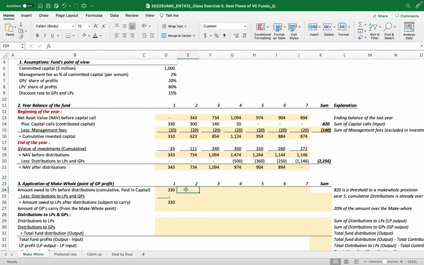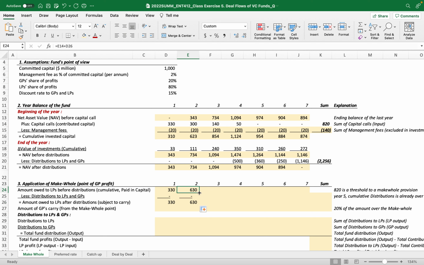So we must add now this 300, the new capital cost of year 2. Now 630 is the amount owed, right? And then the same way, there's no distribution, so the amount owed to the LP and GP is not decreased. Now this fund still owes 630.